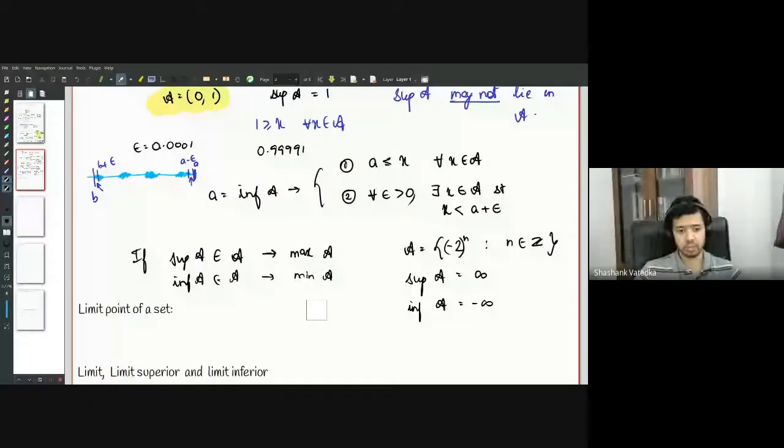All of these points, the supremum and the infimum, are typically what correspond to what we call limit points of sets.